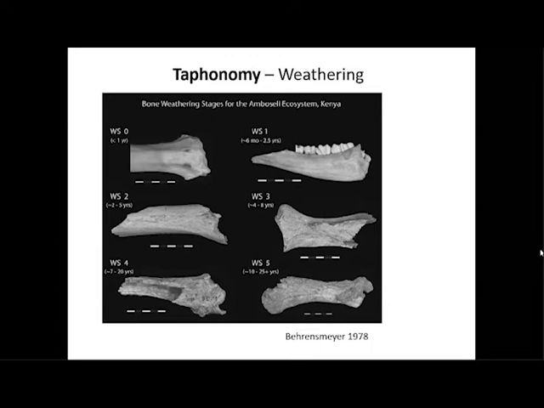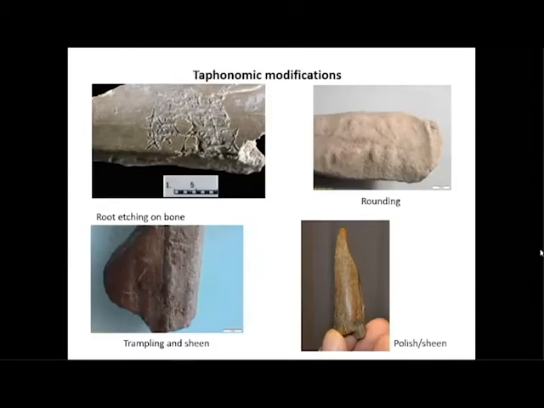So when you classify your bones into these stages, you can get a picture of how long it was exposed before either being reburied or even being recovered by us.